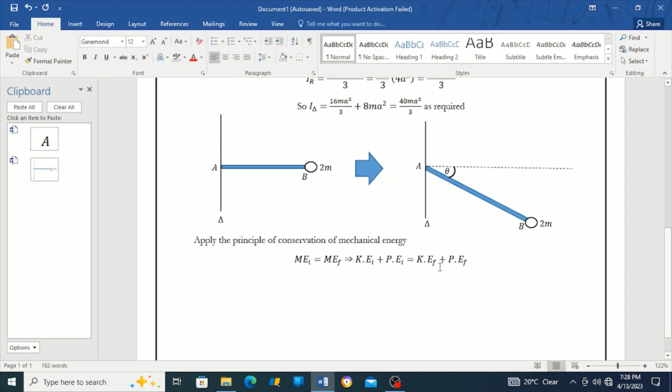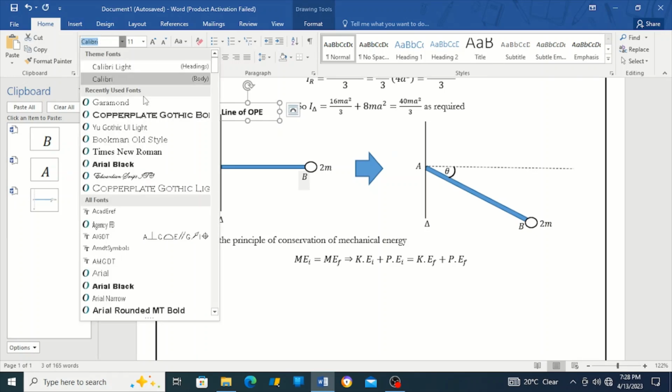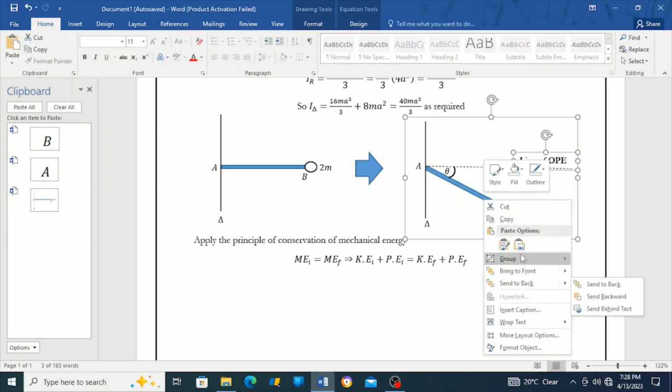Now let us also label that horizontal dotted line: it is the line of zero potential energy, because actually that was the initial position.